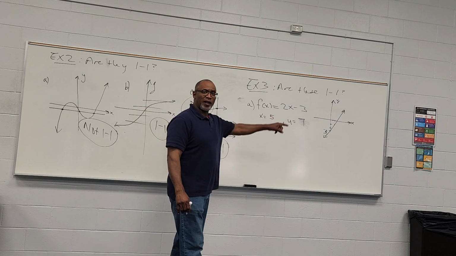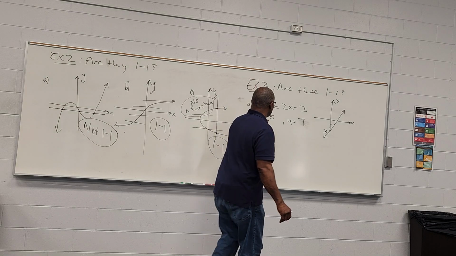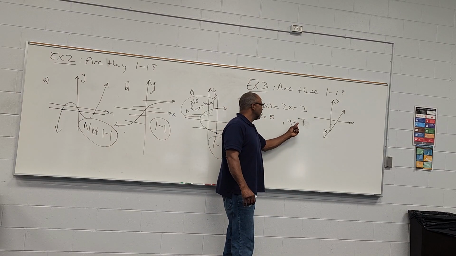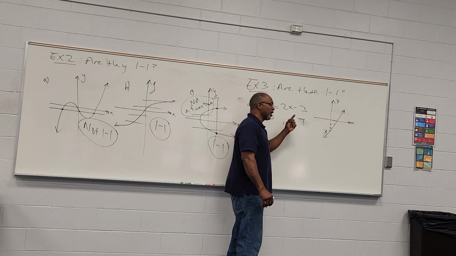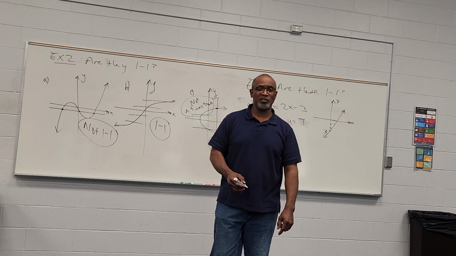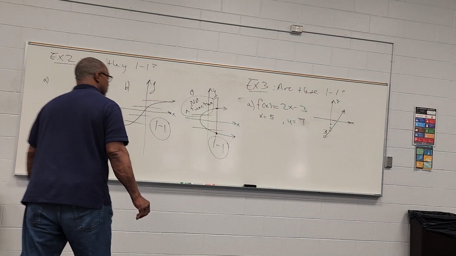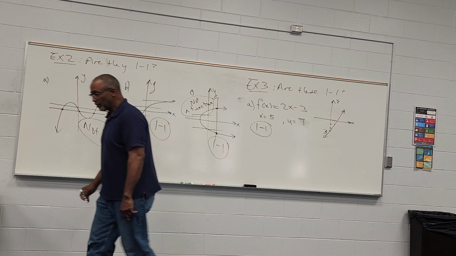So I can actually apply the horizontal line test and see that it's one-to-one also. But just from an analysis, x equals 5, plug it in, I get y equals 7. For that y coordinate, that is the only value of x that will give me y equals 7. So for every different y coordinate, I'm going to have a different x coordinate. That's what it means to be one-to-one. So that one is one-to-one.